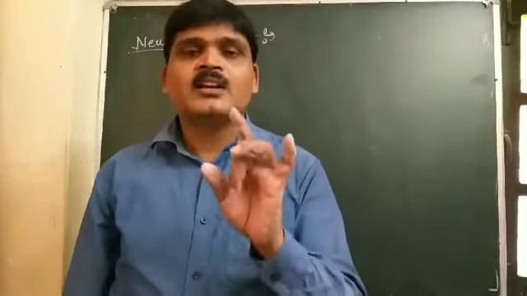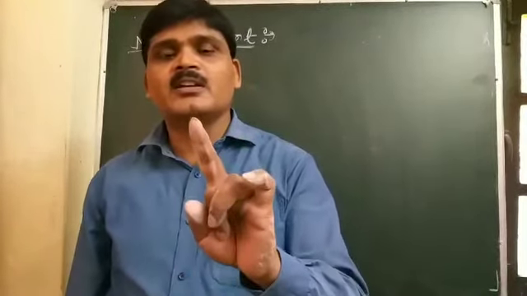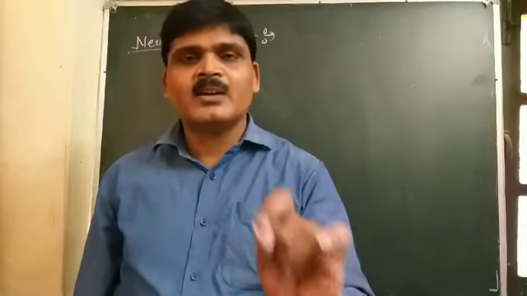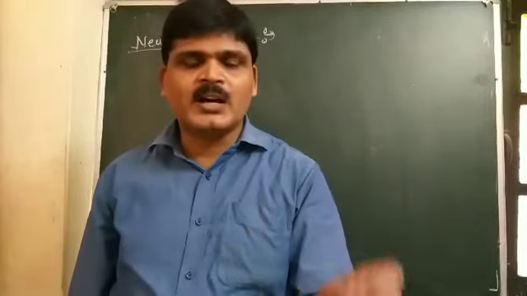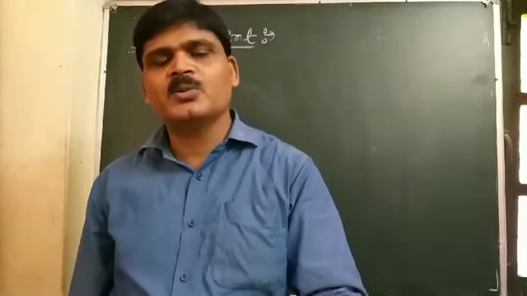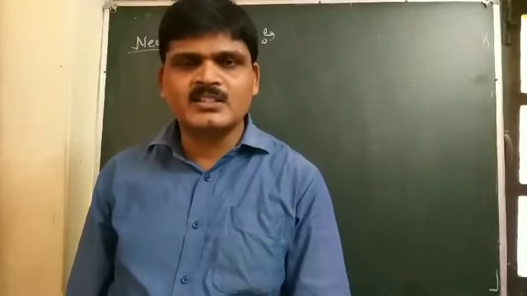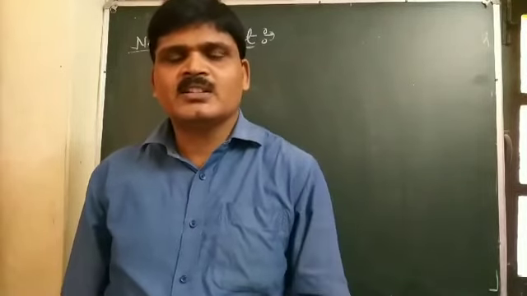Once again, a neutral point can be defined as a certain point where the magnetic field due to the bar magnet and the magnetic field due to the earth have the same magnitude but opposite direction, so they cancel each other.